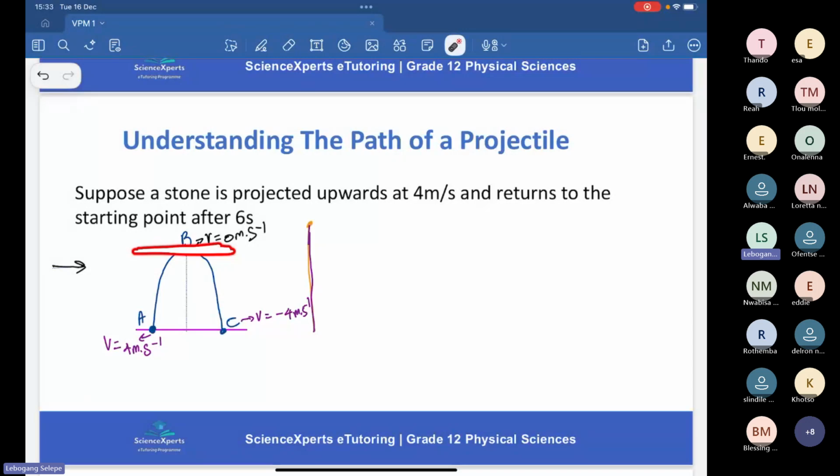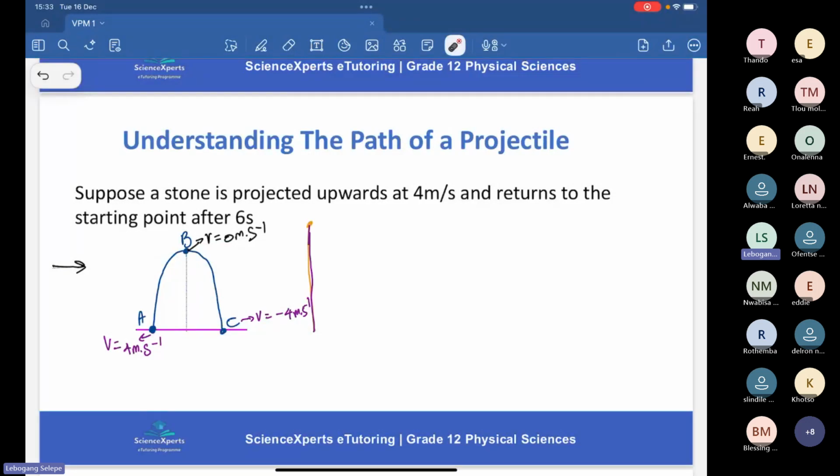The gradient at the turning point is 0, right? Because remember, gradient represents change, right? So here at B, the change is 0. The object is neither moving up nor down, right? So hence the gradient is 0.